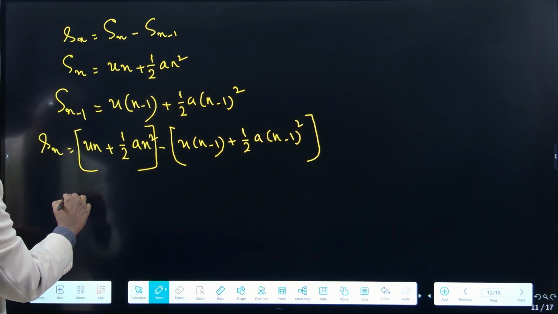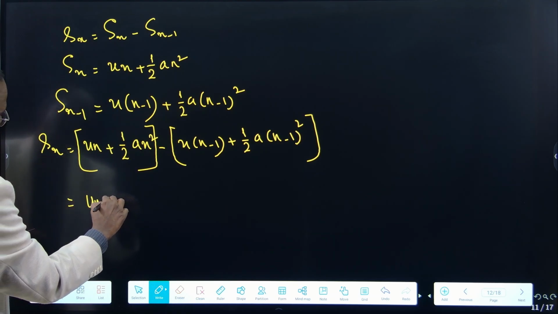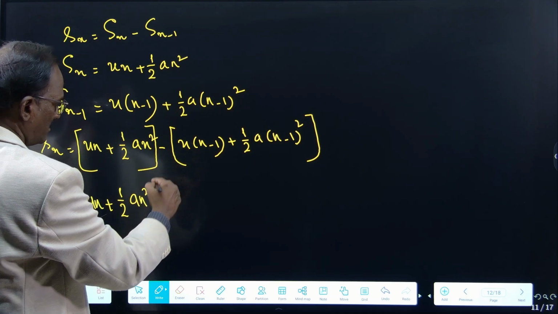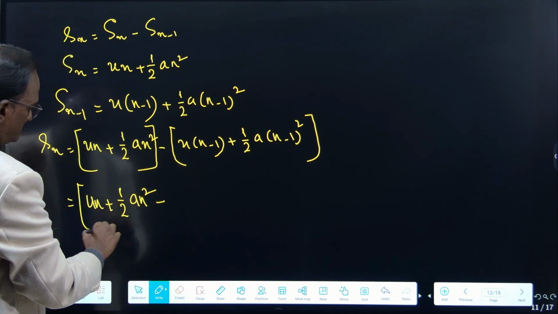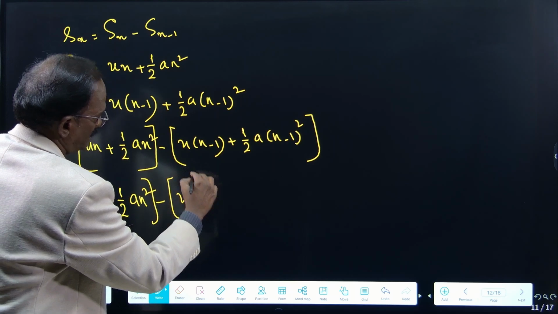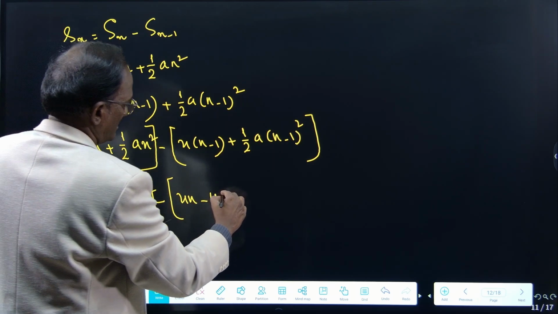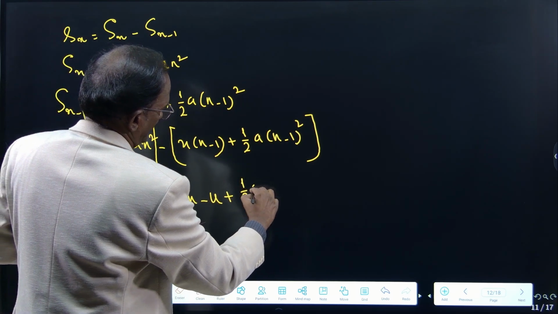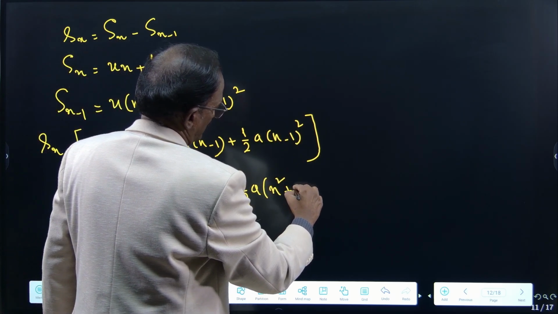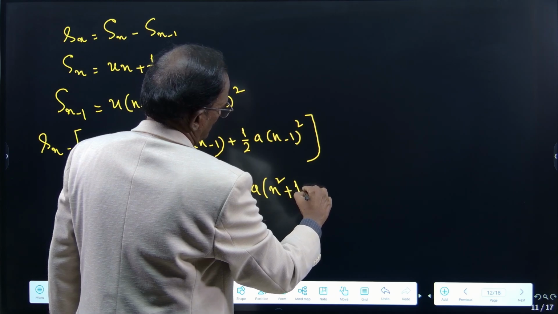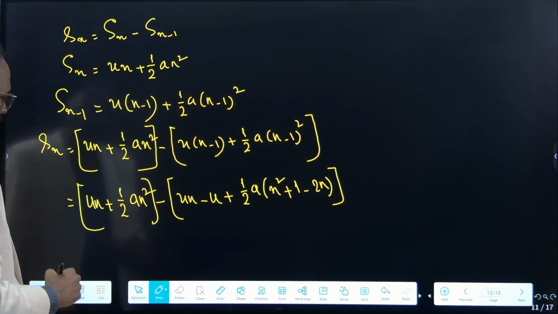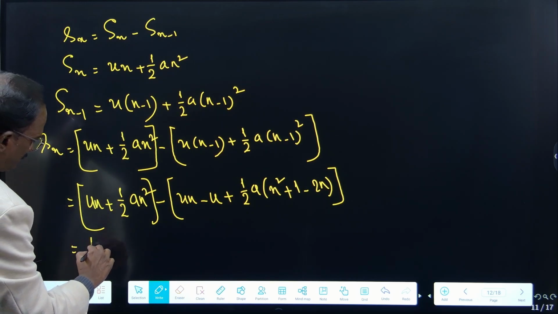So let us expand. Half a n square minus un minus u plus half a, this is n square plus 1 minus 2n. So let us cancel some terms.